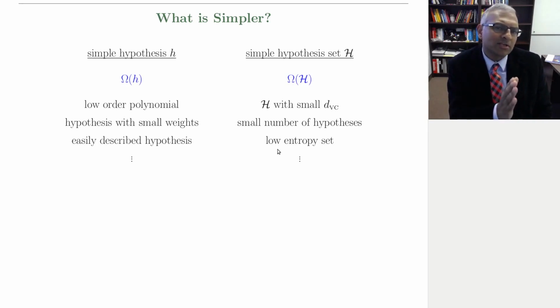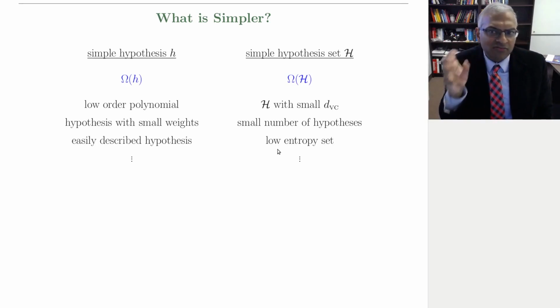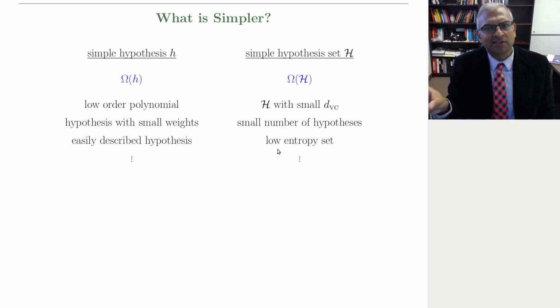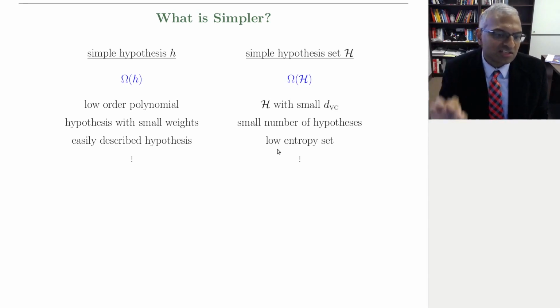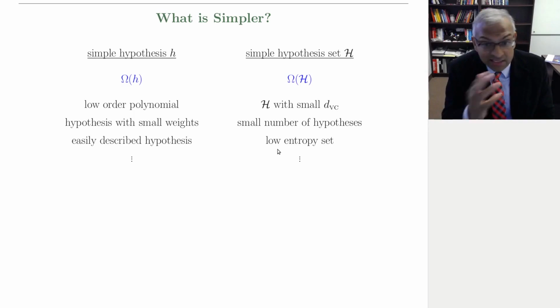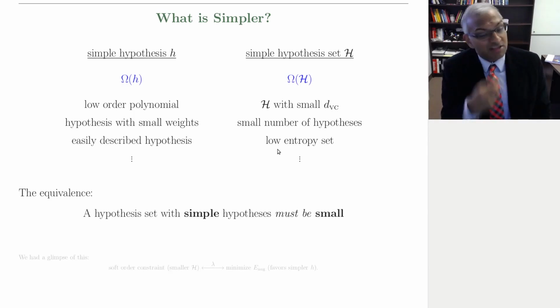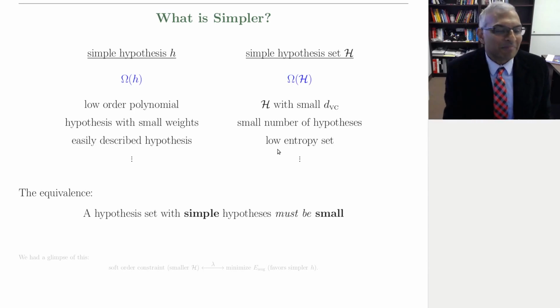So there are different ways to quantify the simplicity or complexity of a hypothesis, and there are different ways to quantify the complexity or the simplicity of a hypothesis set. So on the one hand, you have an object. On the other hand, you have a set of objects. And these two are linked. And there's a fundamental link, okay, that if you have a hypothesis set with simple hypotheses, it must be a simple hypothesis set.